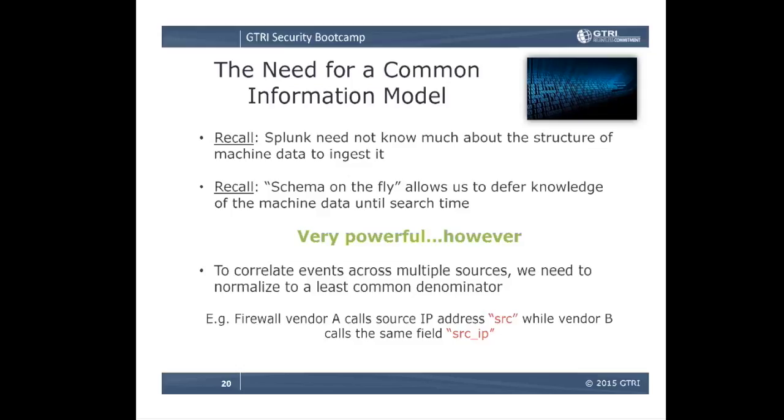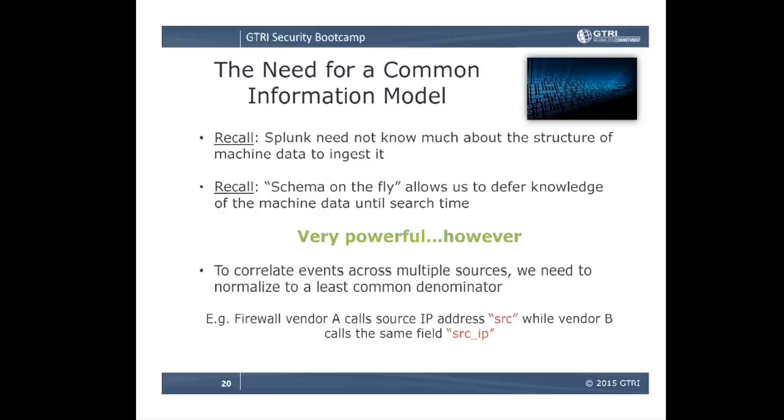To correlate the events across multiple sources, like it says there, we do need to normalize. What the common information model does, or CIM as we call it, is it normalizes the data across a least common denominator set of fields. So we have the example there where, say, vendor A calls the IP address SRC, while vendor B calls the same field SRC_IP.